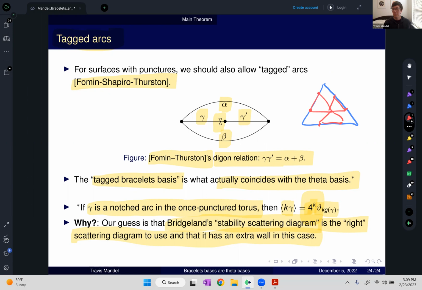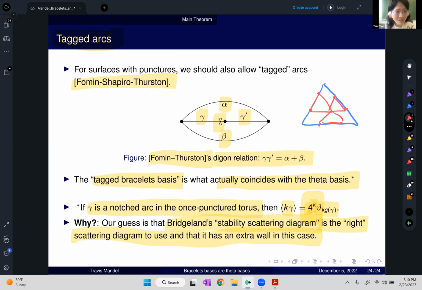The bands basis I didn't talk about, but that's another basis for these surface cases that should correspond to the dual canonical basis. And the triangular basis should be something else from representation theory. So we're just working on what the bracelets correspond to.